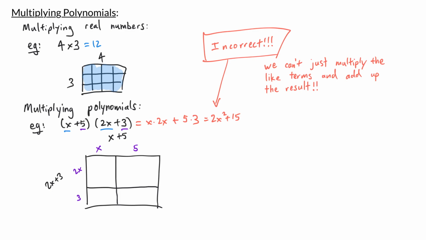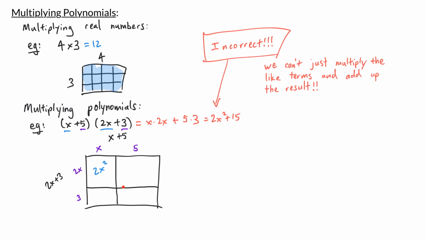Now, the product of the two polynomials would be the area of this rectangle. We can find the area of the entire rectangle by finding the areas of each of the small rectangles within it. In the top left, we have a smaller rectangle that has width x and length 2x. So the area there would be the product of x and 2x, which is 2x squared.